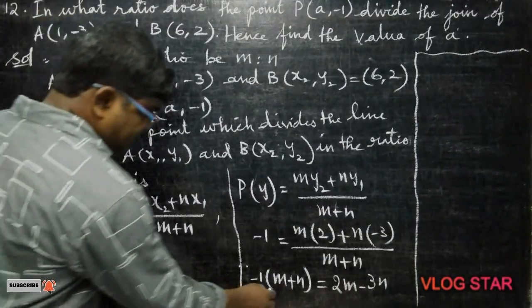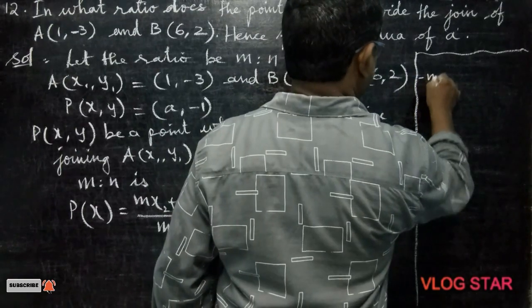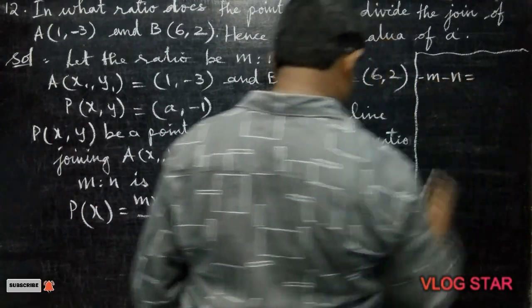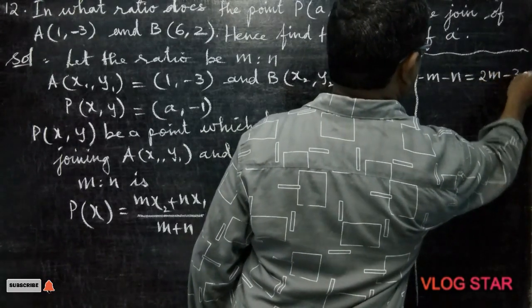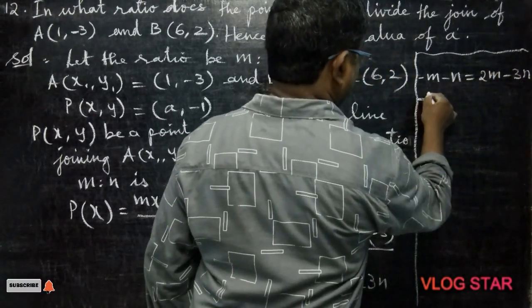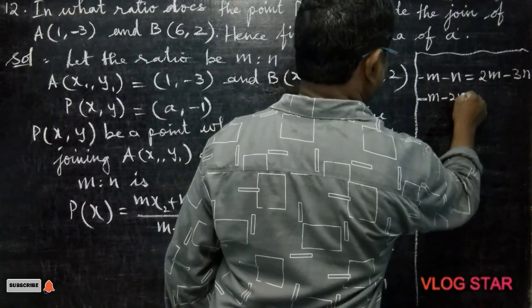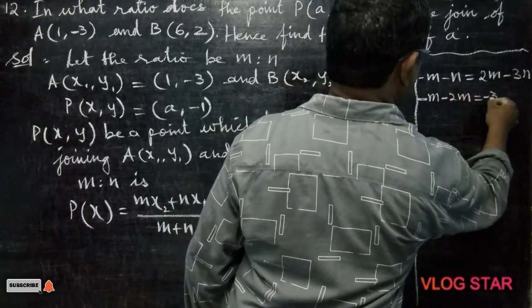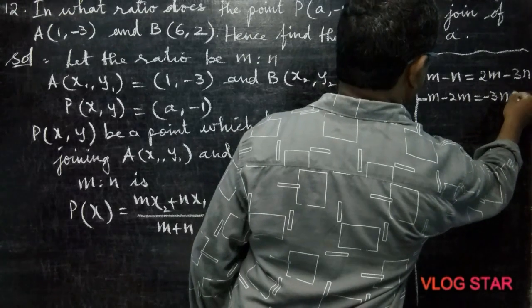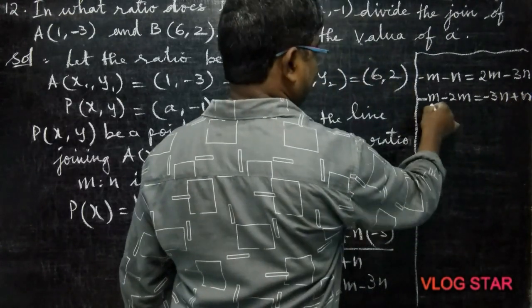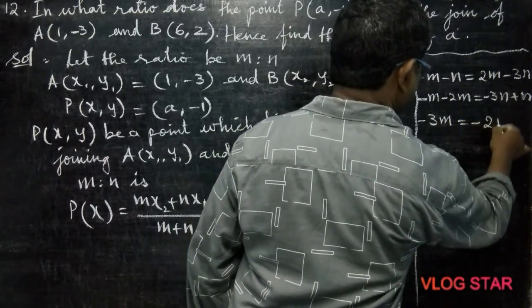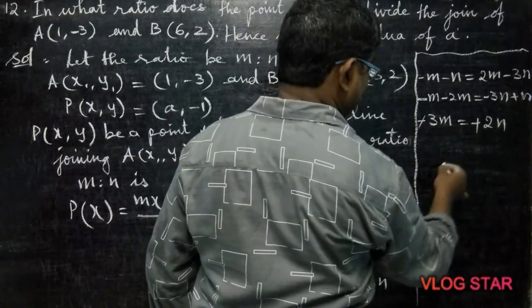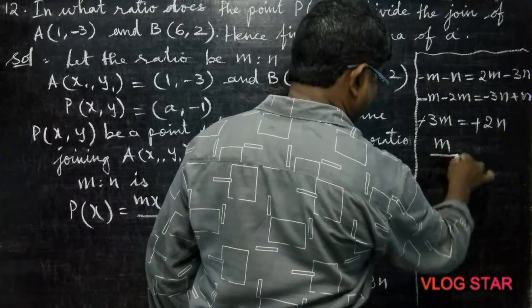Now multiply with -1. Minus m minus n is equal to 2m minus 3n. Now minus m minus 2m is equal to minus 3n plus n, from left to right. Here minus 3m is equal to minus 2n. Minus minus get cancelled.